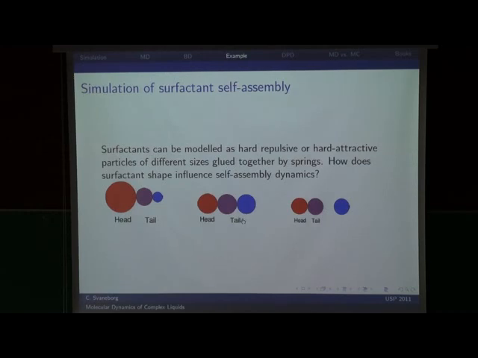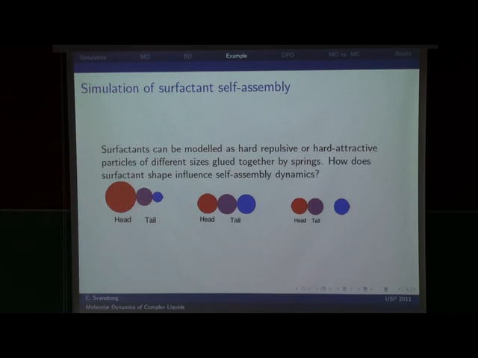What we can also do is glue together different bead springs. I haven't talked about that yet, but I'm just using simple harmonic springs. And again, I can control how the things interact with each other. So I can, for instance, make a model where I say heads like to interact with heads, tails like to interact with tails, but heads really hate to interact with tails.